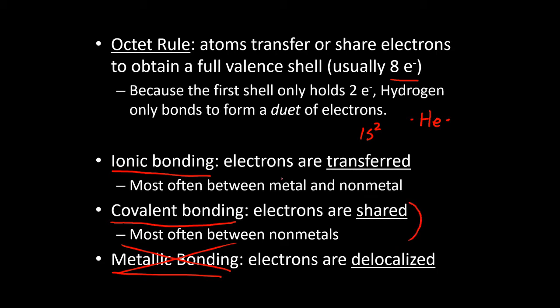But just to remind you, if something is ionically bonded, that means that it is transferring its electrons from one thing to another, or it's taking electrons from something else, just depending on which one you're looking at. This is always going to be between a metal and a non-metal as well. So if you have a metal and a non-metal in the same molecule together, that is an ionic compound. They are ionically bonded.